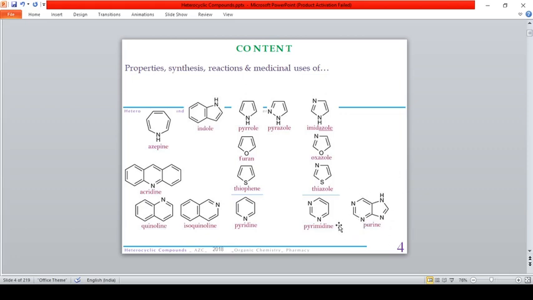So this is purine, this is pyrimidine. Pyrimidine is a simple ring structure, a simple heterocycle, while purine is a fused heterocycle. Now these are examples of some heterocyclic compounds, and the most commonly known application of these heterocyclic compounds is in medicine. Allopathy medicines have applications of these.